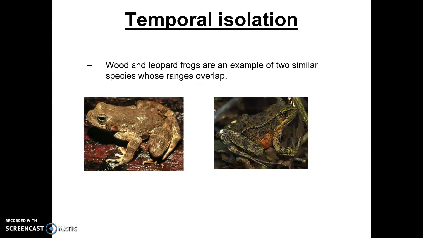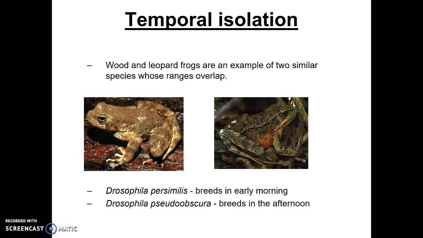They are two similar species, and their ranges overlap, so some of them come in contact with each other, but they don't mate successfully together, because the one on the left breeds in the early morning, and the one on the right breeds in the afternoon. If the eggs aren't ready for the sperm, it's just not going to happen.